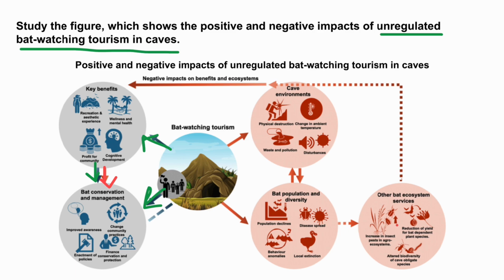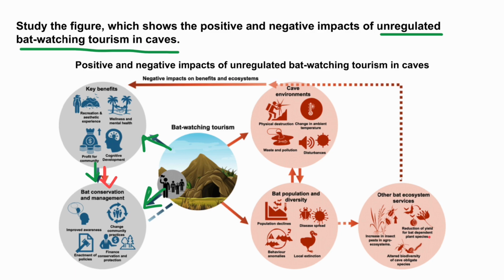Let's look at the right hand side here, other bat ecosystem services. So if your bat population is affected, that also affects other biodiversity in the area, other organisms that depend on the bat to live. So for example here, reduction of yield for bat-dependent plant species.